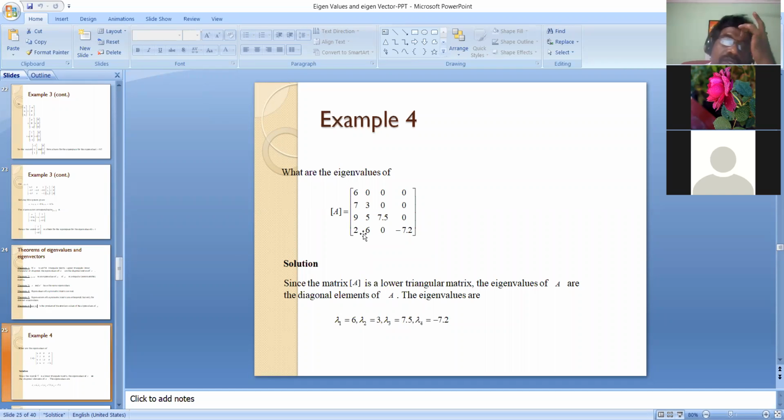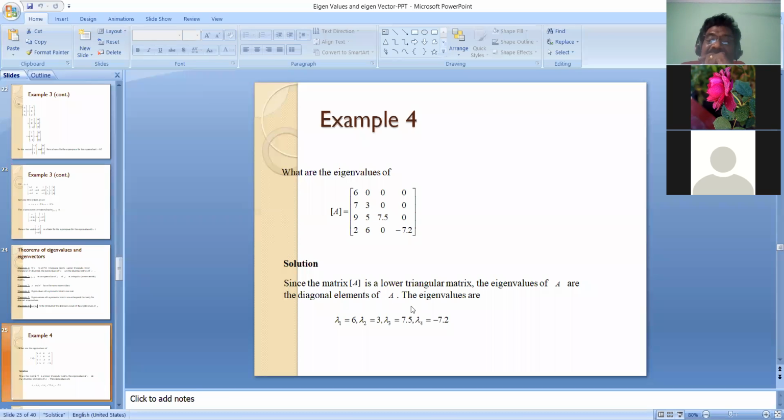Okay. So now we check whether the given matrix is a lower triangular matrix. What about the eigenvalues of this lower triangular matrix?